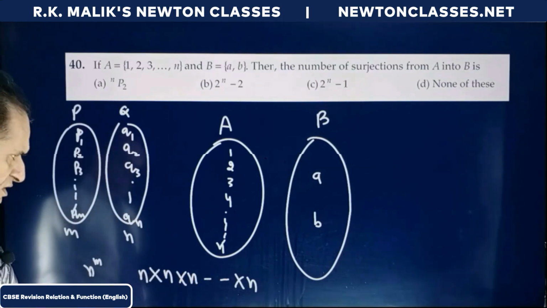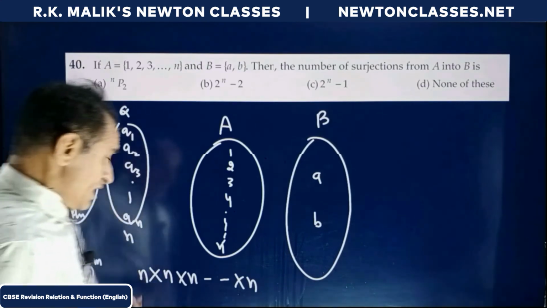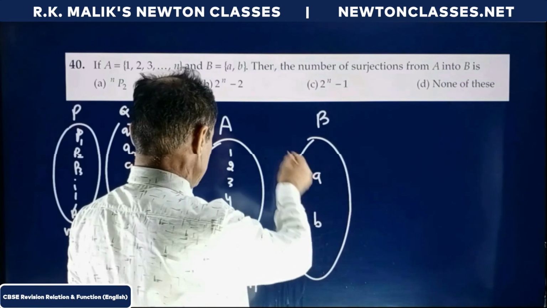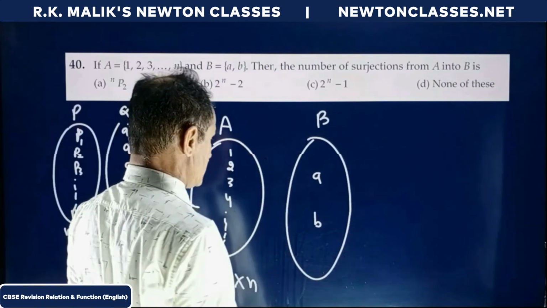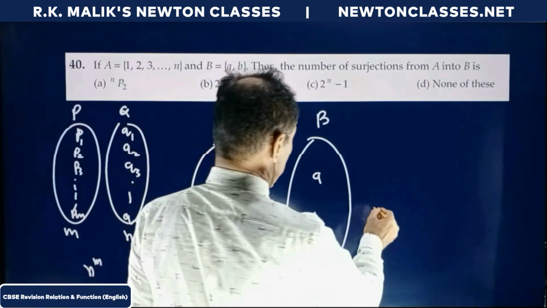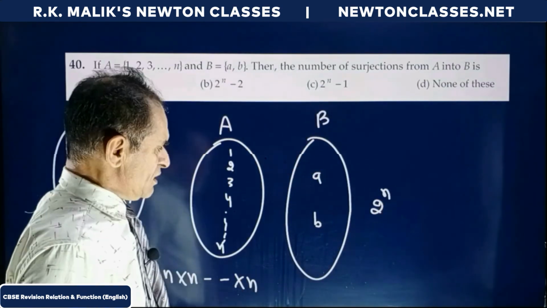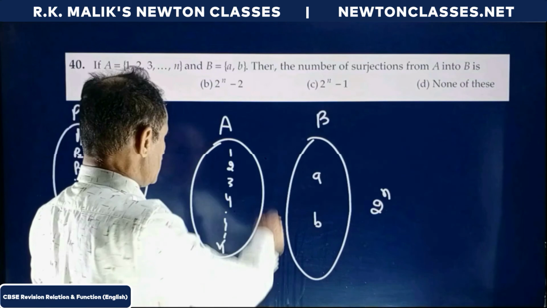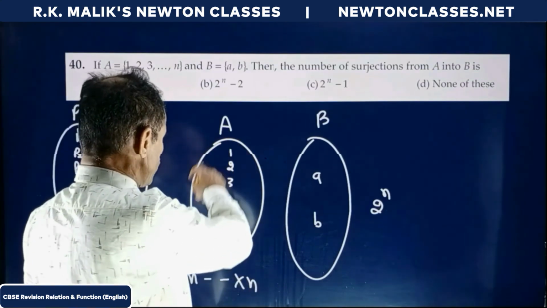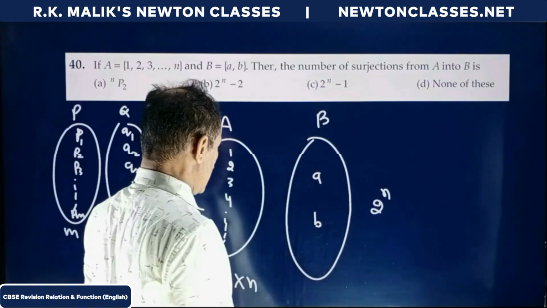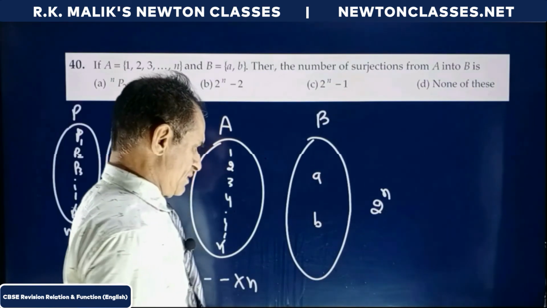You must have studied it. And because there are two elements in B and n elements in A, the total number of functions is 2 to the power n. In all the functions, the n arrows coming out from here will be going to either a or b.